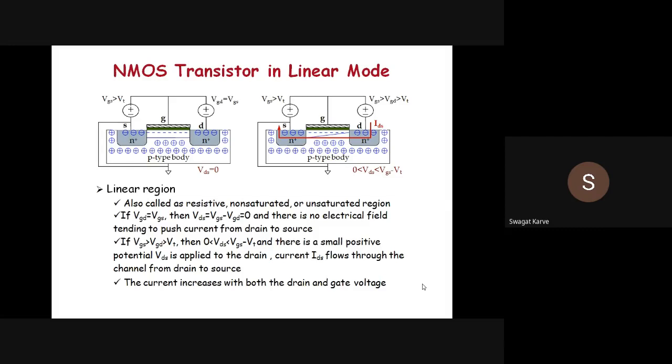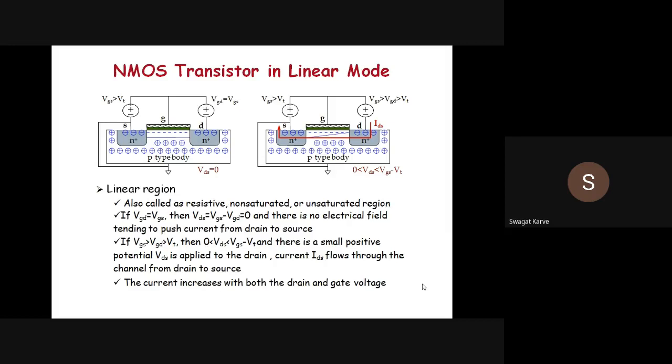VGS and VGD should be greater than VT, and VT is nothing but the threshold voltage. And the second condition is VGS also greater than VGD. Then only will your MOSFET enter into linear mode and form the channel. And once the channel is formed, the drain current will start flowing. So you have to remember these two conditions for the linear mode of operation.